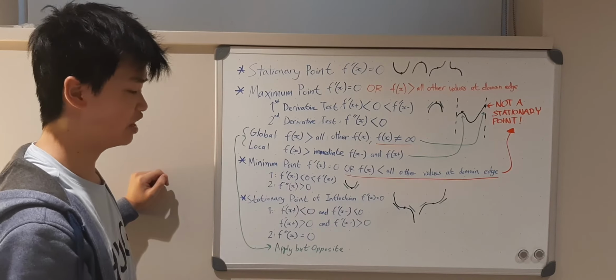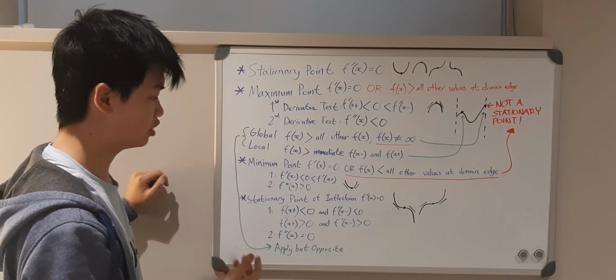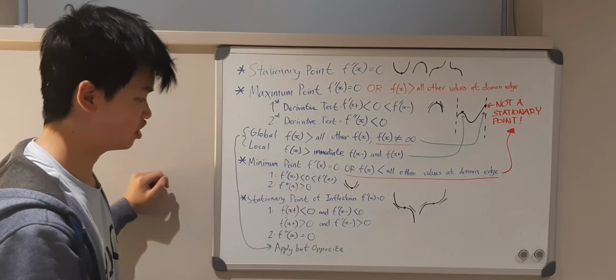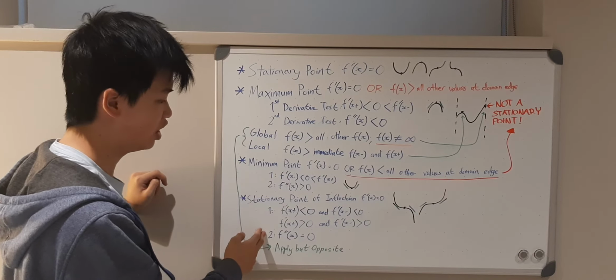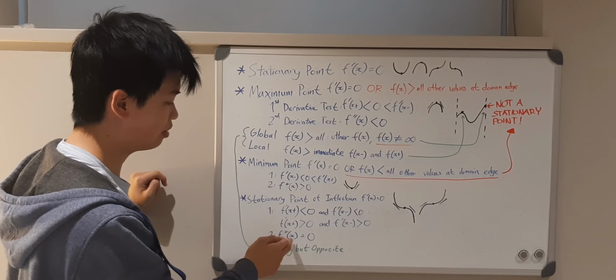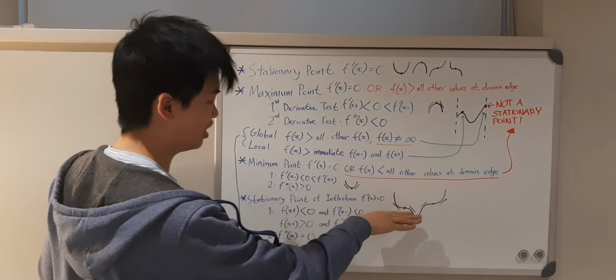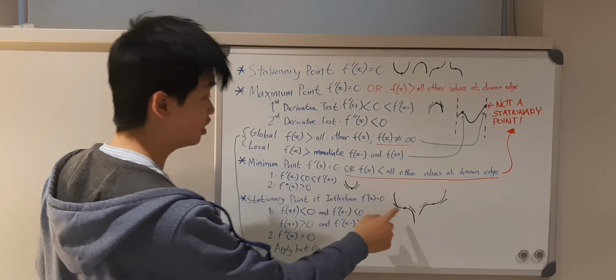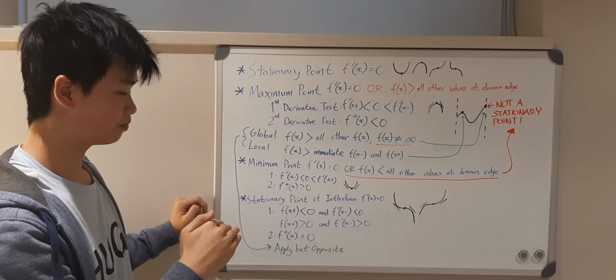Whenever you have that situation, your point is going to be a stationary point of inflection. And with the second derivative, f''(x) is going to be 0, as at that point the slope is not changing.